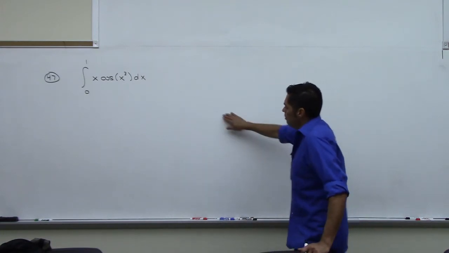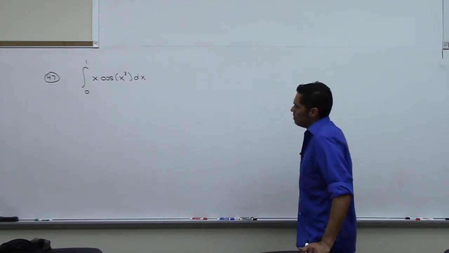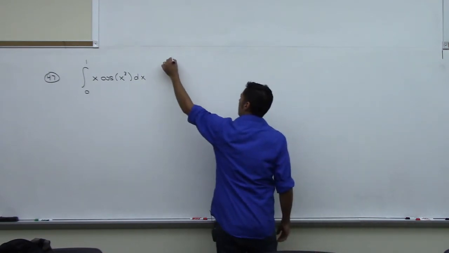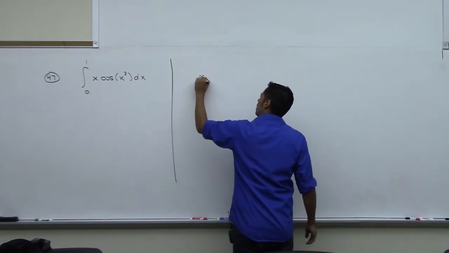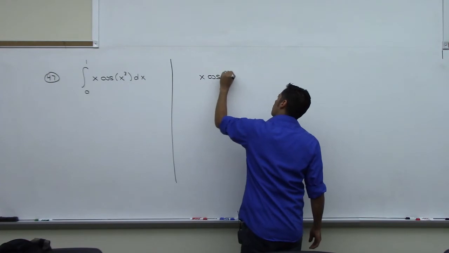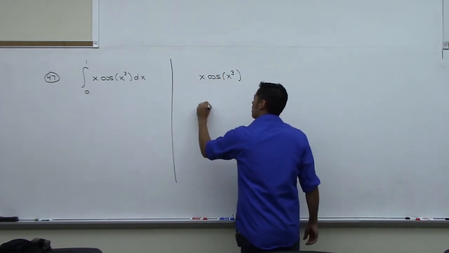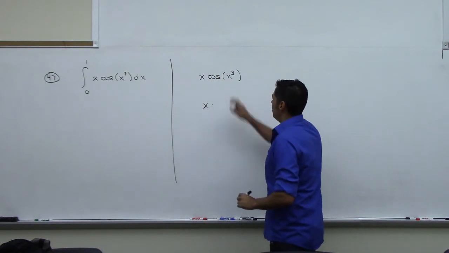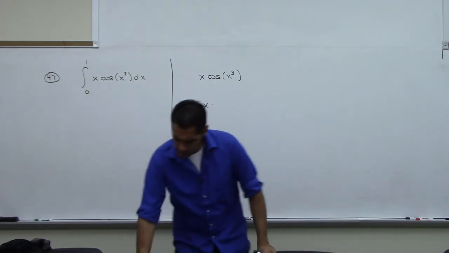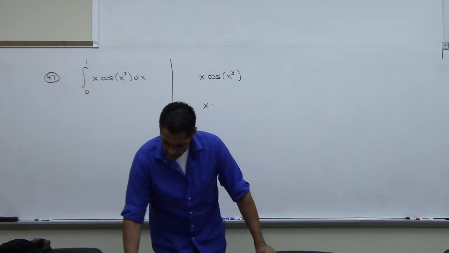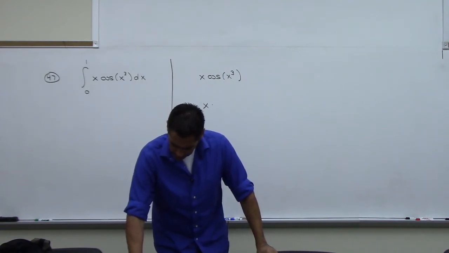So what we're going to do instead is rewrite the x cosine x cubed in its Maclaurin series. Remember that cosine has a Maclaurin series, and these series are found on page 484.